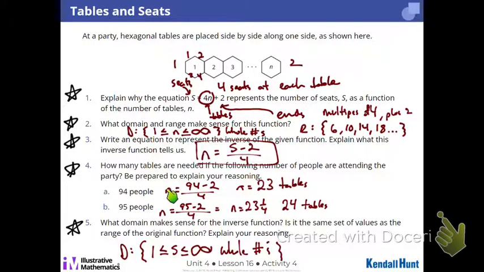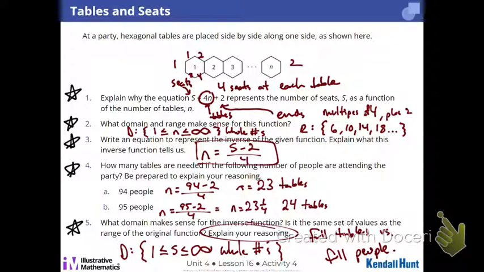Well, now seats are for people in our inverse, and we have full people, but we don't have to have full tables with the inverse. Kind of cool, huh? So the range, when it switches to the domain, doesn't mean it's always the same, because in context, it changes. We have full people versus full tables. You can write down that reasoning, something like full tables versus full people. That'd be a good little summary.